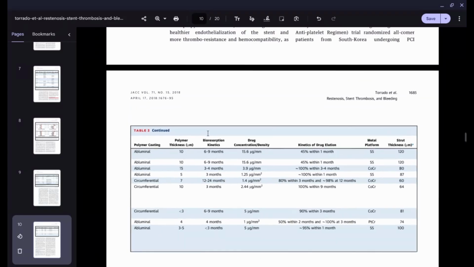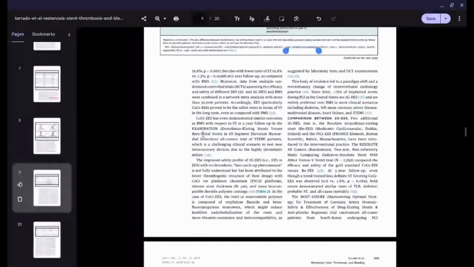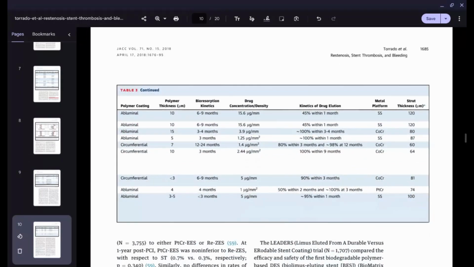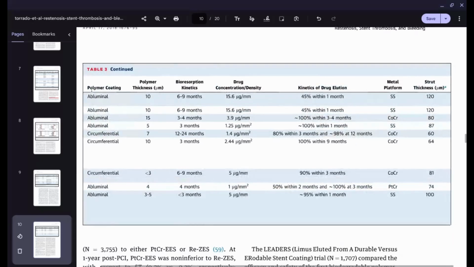One important detail is bioresorption kinetics. So what kind of coating do you have? At the circumference or abluminal, polymer thickness, resorption kinetics.